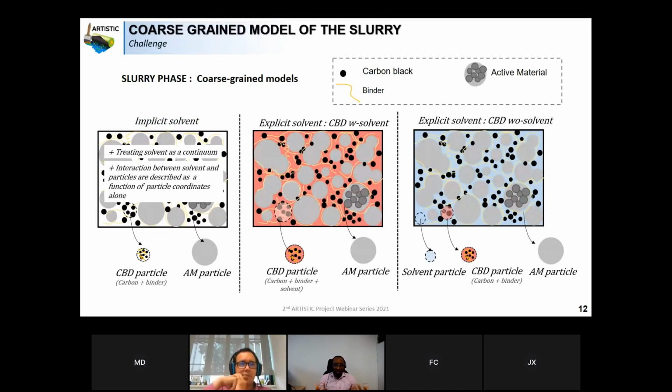So with that, we reduce the number of particles in the system, and then we can perform our simulation. But in the rest of the presentation, I will focus on the second strategy, the one with the CBD particle with solvent inside.